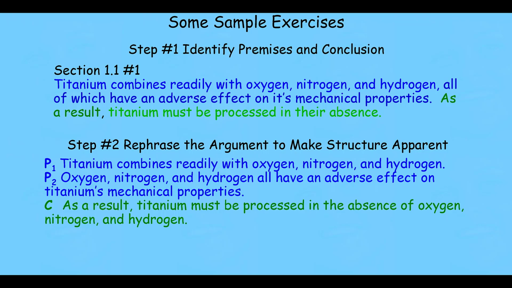So again, I took those phrases, oxygen, nitrogen, and hydrogen, and I put them in every statement so that the reader, the consumer of the argument, can re-identify that content throughout the argument, just like it can re-identify the notion of titanium being processed and titanium having mechanical properties.